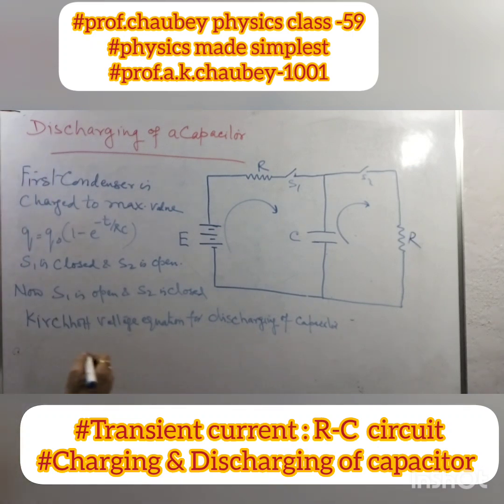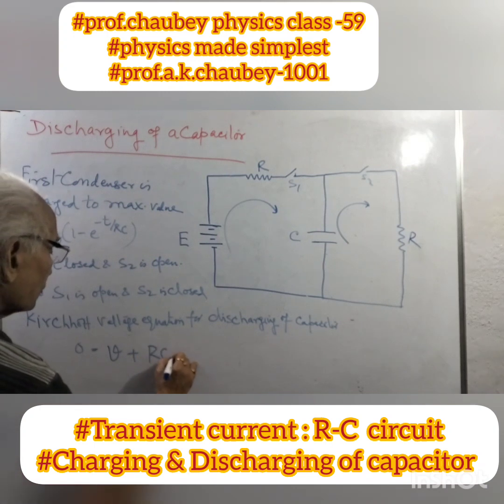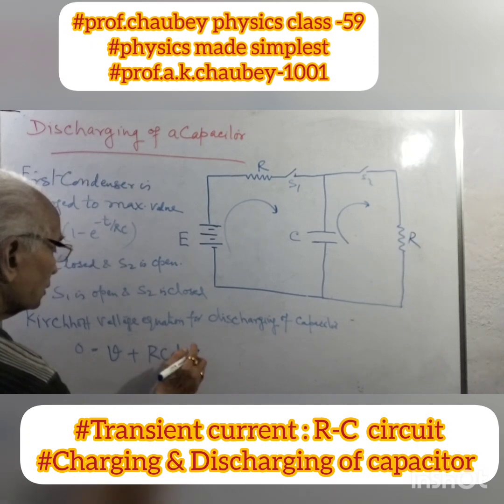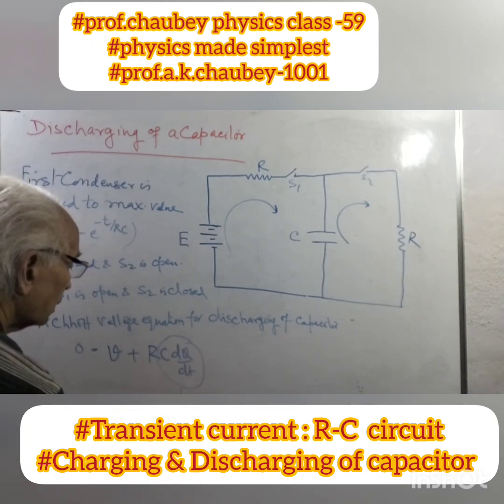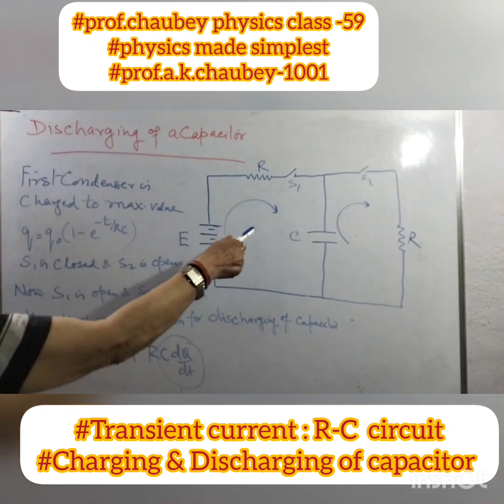What do we have? We can write 0 EMF, and this is now equal to the voltage of the capacitor V, plus R times dQ dt, that is, this is I. So Ri drop and V as the capacitor voltage.